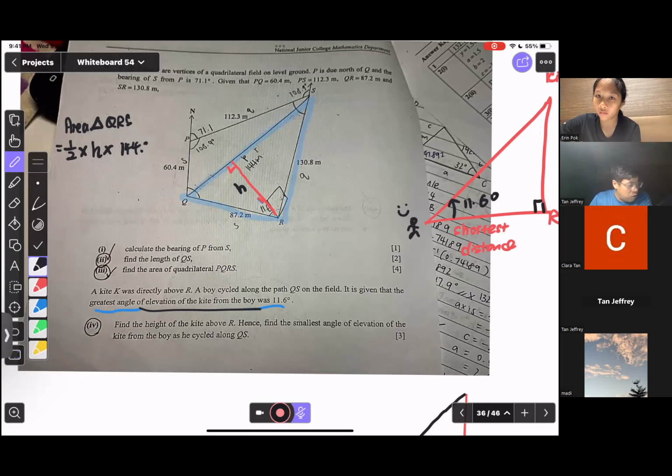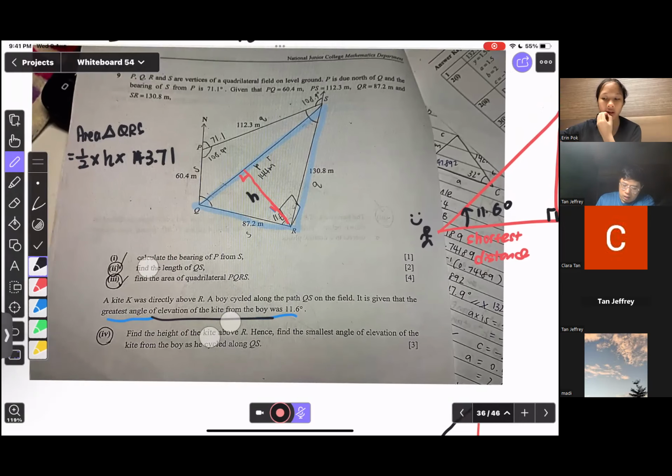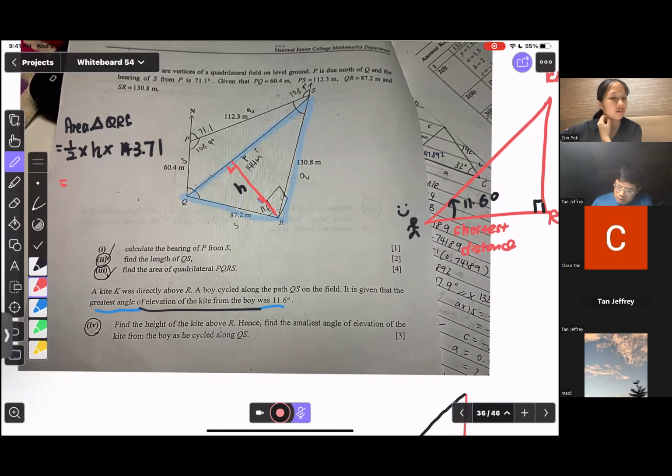144.37. 143.71. I use the 560 answer. This is also the same as half times sine A, 130.8 times sine, what's the angle? 11.6, is it?